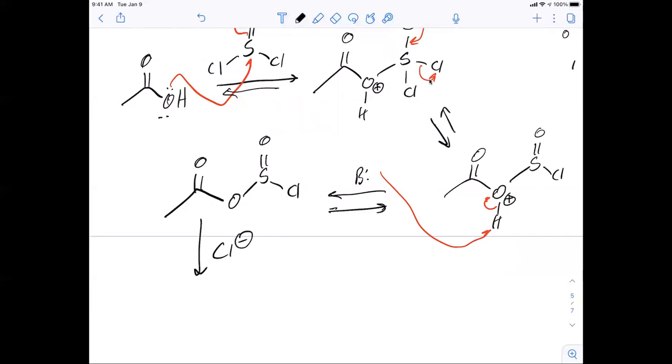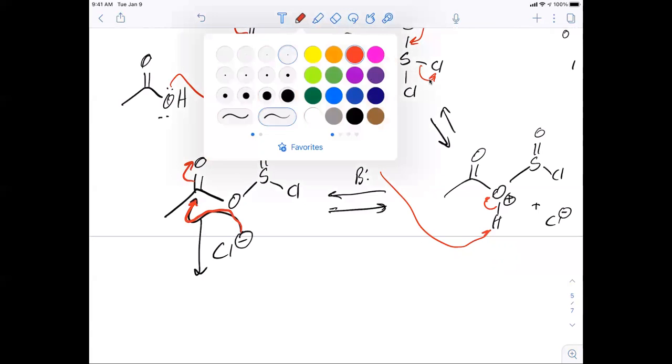And then the chloride, which was over here, right? We lost the chloride. Then the chloride can come in and attack the carbonyl. Pi bond break one up.